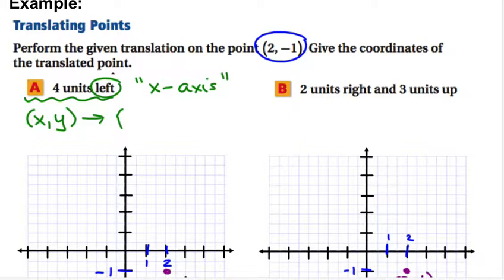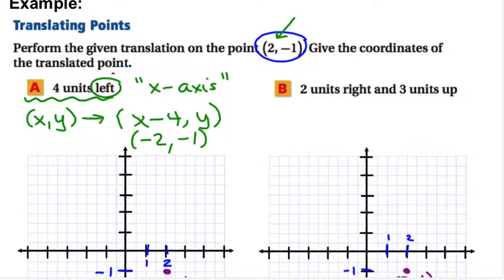If we go to the right, we're adding on the x-axis. So my x value is going to subtract 4, and my y stays the same. This value here is changing, the 2. So 2 minus 4 is -2, and my y does not change. I'm not moving it up or down.